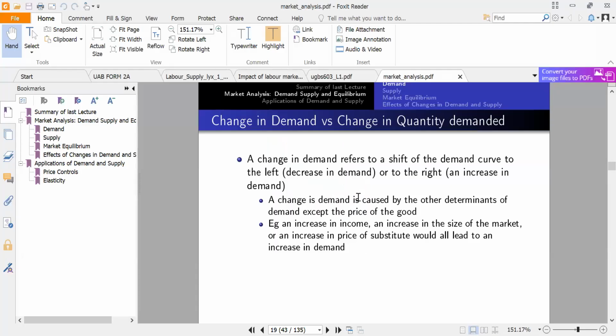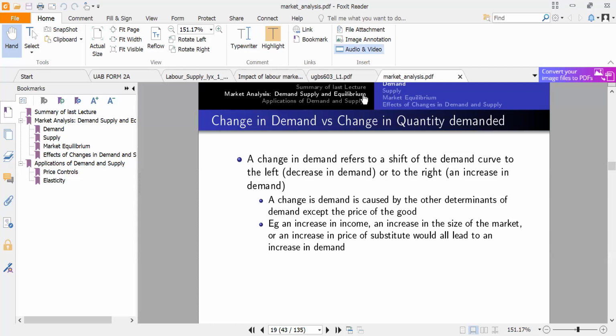A change in demand is caused by the other determinants of demand except the price. So a change in demand is not caused by price. It is caused by all the other factors: market size, expectation, income. All these things can shift the demand. So if your income increases, the demand curve will shift to the right.